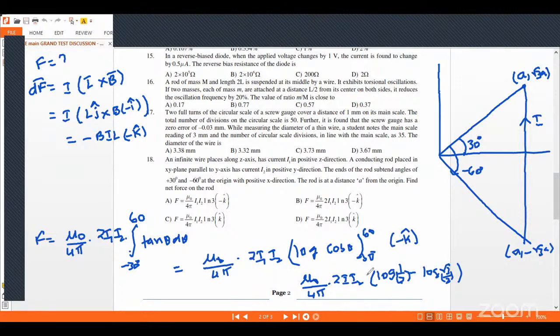Fine. Upon calculation, we get force equal to mu naught by 4 pi I1 I2 into ln 3 times minus k cap. That is option A. Okay? Fine. Write it down.